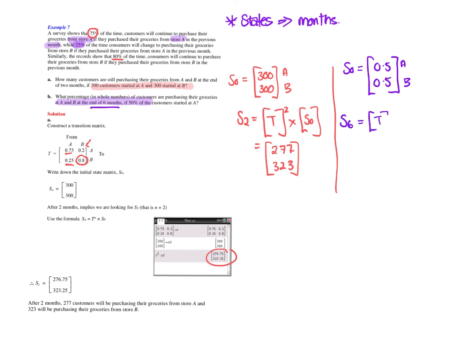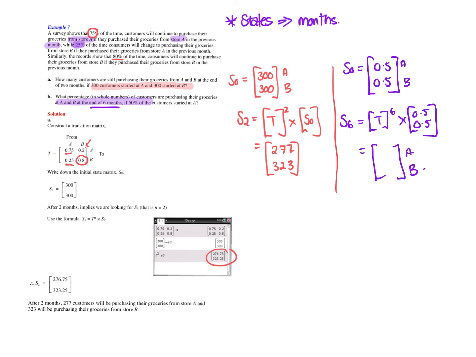So I do the transition to the power of 6 times initially the percentages, okay, and then that is going to tell me the percentages of A and B. So we'll go do that on our calc.